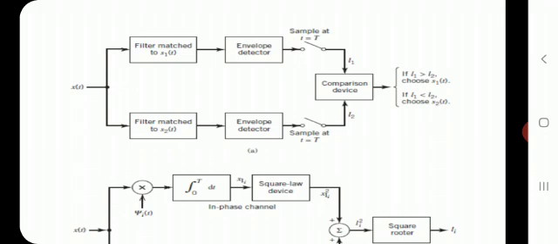Since the filter in the lower path is matched to S2 of t, and S2 of t is orthogonal to the transmitted signal S1 of t, it follows that the output of this matched filter is due to the noise alone. Let x2 of I and x2 of q denote the in-phase and quadrature components of the matched filter output in the lower path, from the equivalent structure depicted here for i equal to 2.